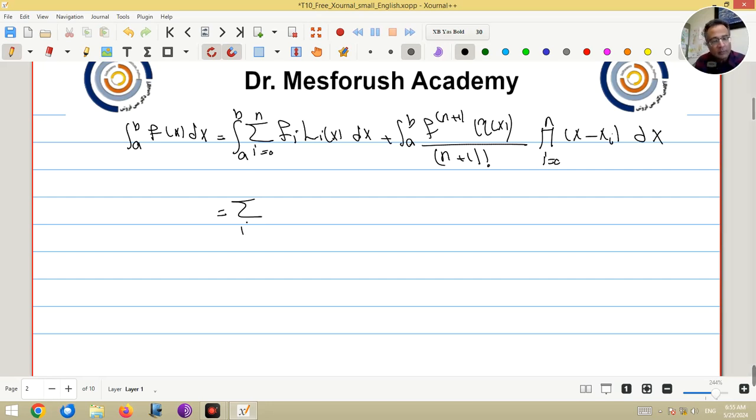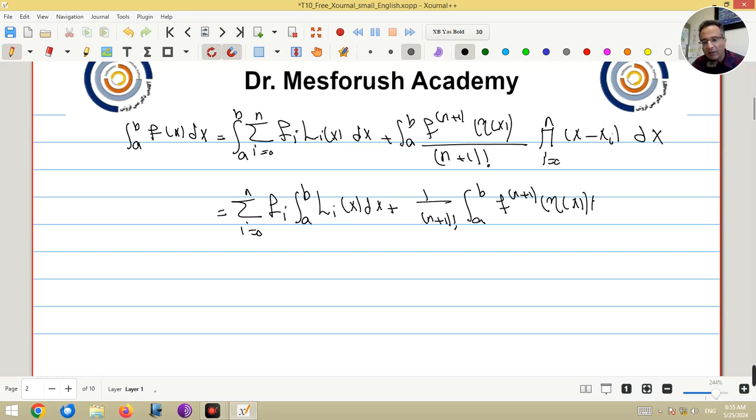So sum i from 0 to n, and I move out f(xi) from the integral, and I have just the integral from a to b of li of x dx, plus, and also here 1 over n plus 1 factorial comes out of the integral, and just remains the n plus 1th derivative of f at eta of x times the product from 0 to n of x minus xi dx.